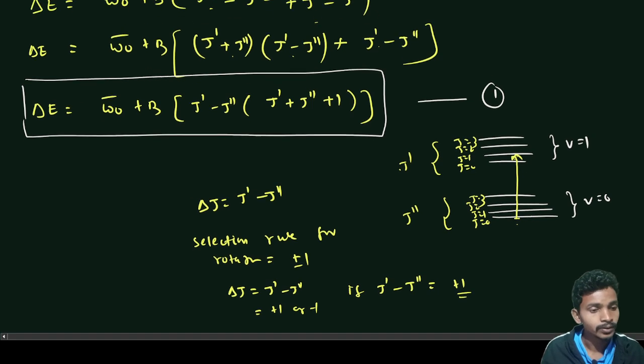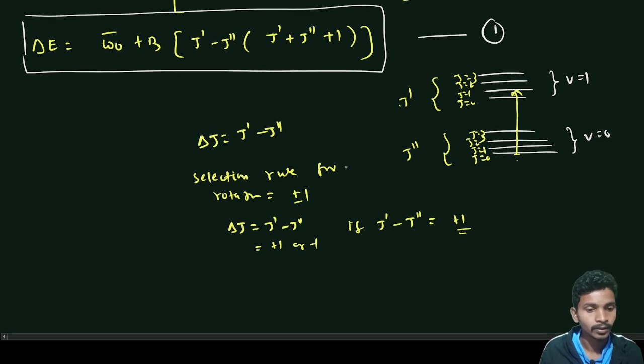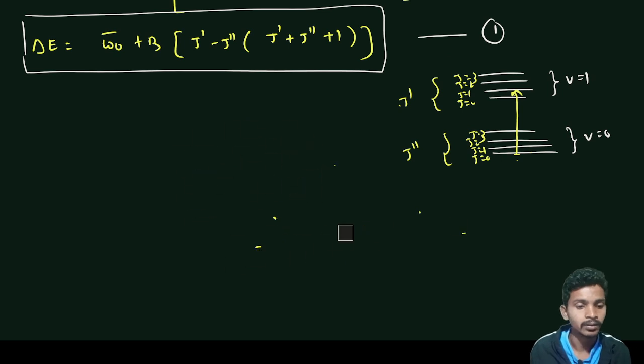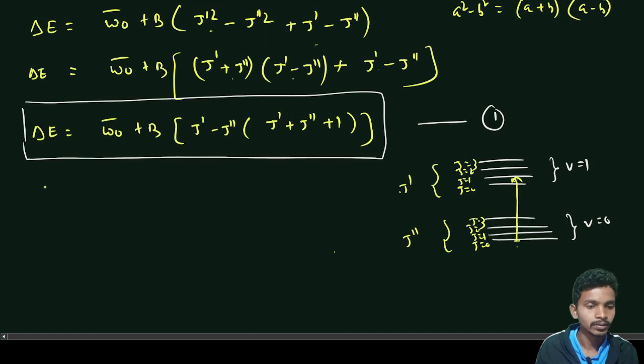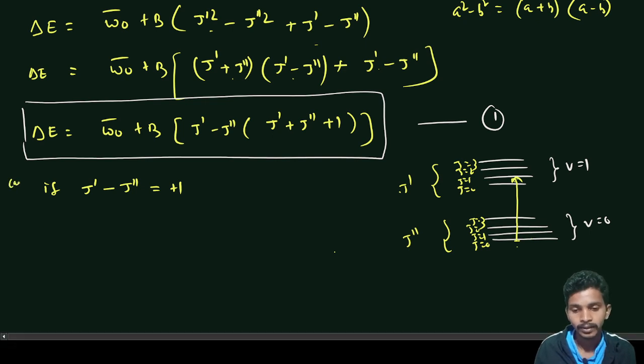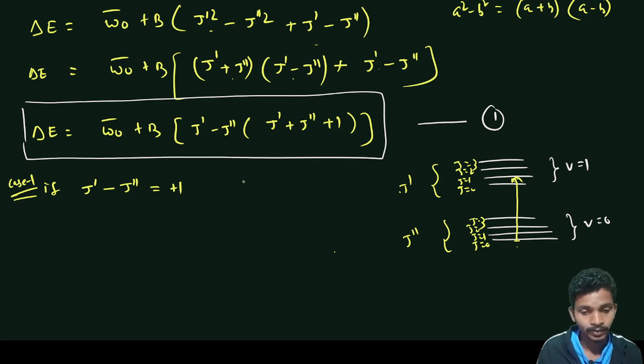Okay, so now I am putting here that value. If j dash minus j double dash equal to plus 1, this is case 1, because another case is j dash minus j double dash equal to minus 1, because delta j is plus minus 1 for rotational.